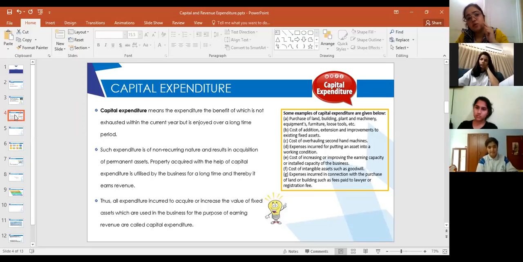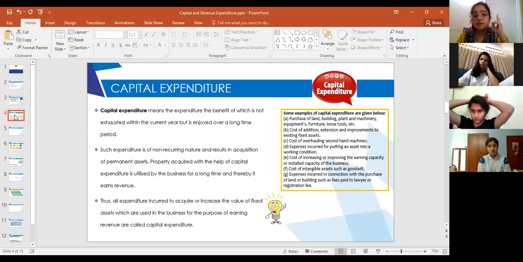Will that machine only give me benefit of 1 year, or more than 1 year? More than 1 year. So it becomes a capital expenditure. So expenditure incurred for which the benefit is not exhausted within the current year, but for many years, and it is enjoyed over a long period of time.